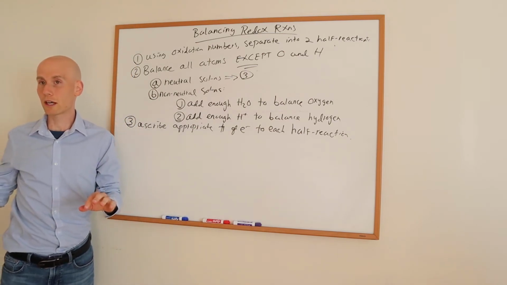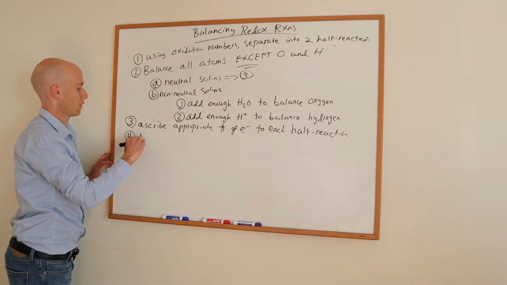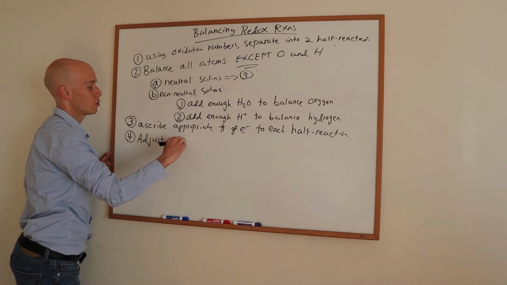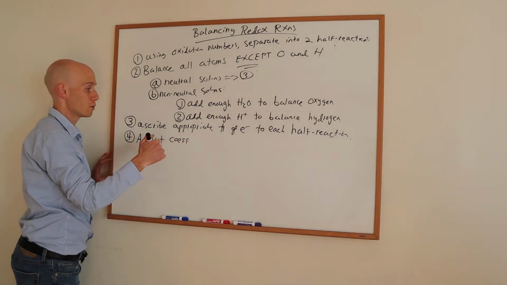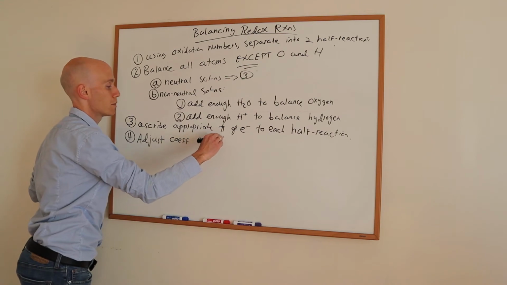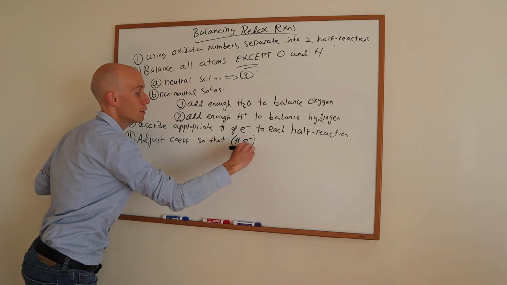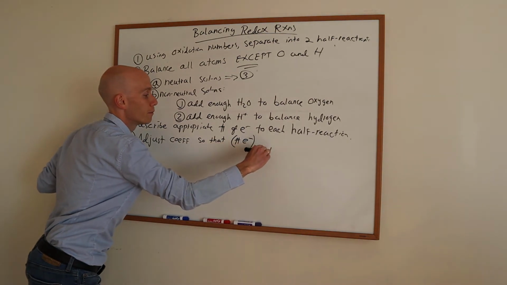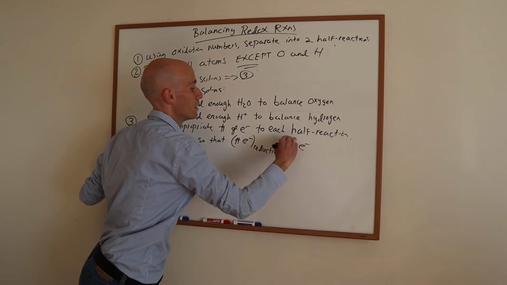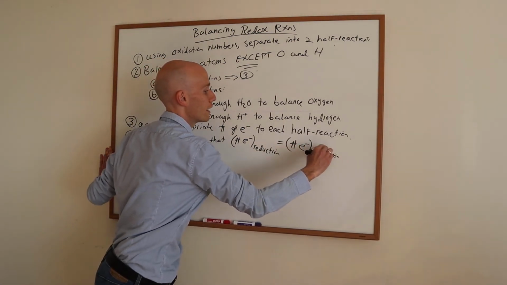Then what you're going to do is adjust the coefficients. Again, we just did this. Adjust coefficients for each of the constituents in the reactions, so that the number of electrons in the reduction half reaction is equal to the number of electrons in the oxidation half reaction. Okay, and that's just, again, we just saw that.